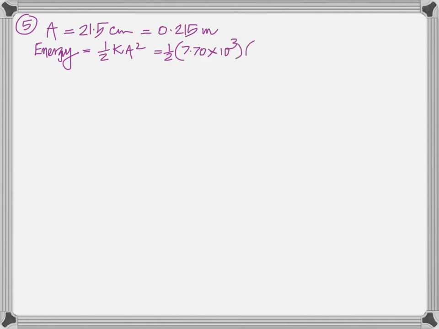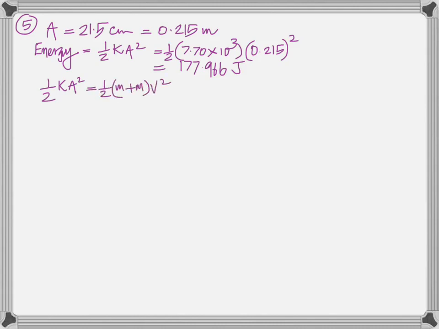In number 5, the bullet is fired into a block which is attached to a spring. The amplitude is given, so it's 0.215 meter. We know that the total energy is 1/2 k a squared, so the spring constant is given, that's k, and plug those numbers and you get 177.9 joules.